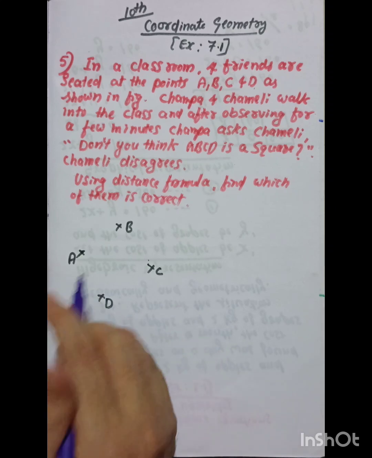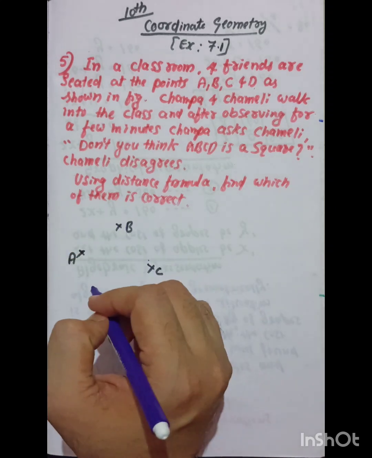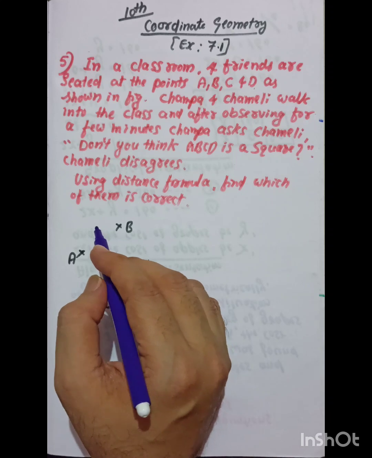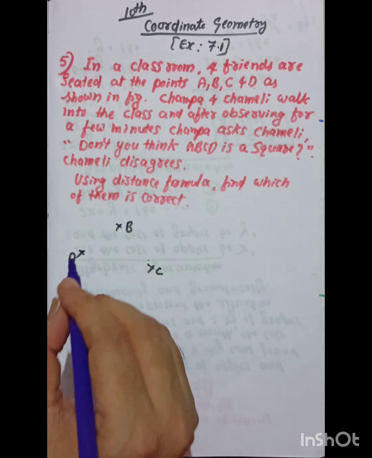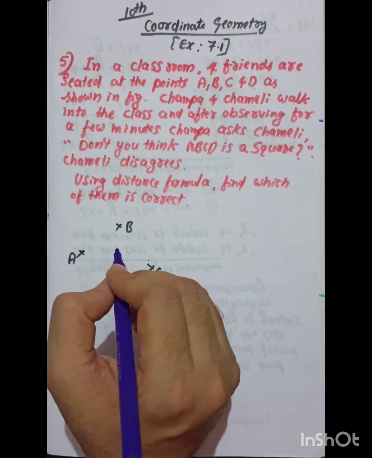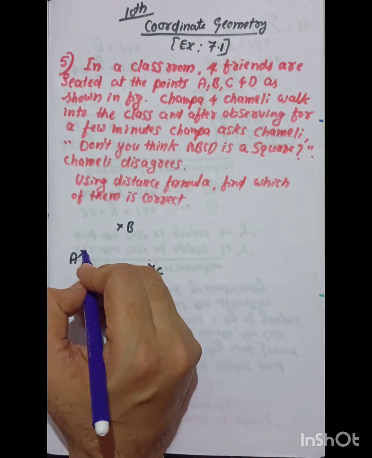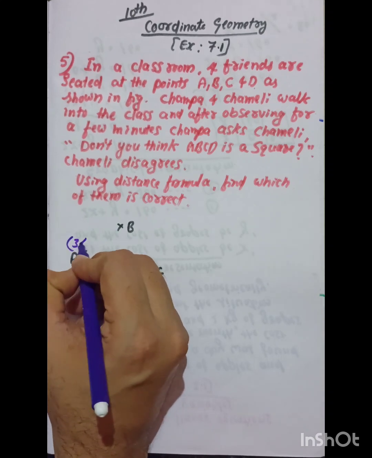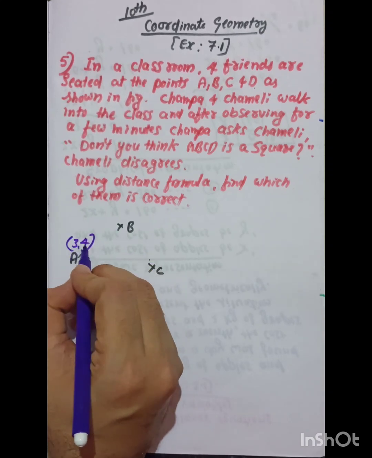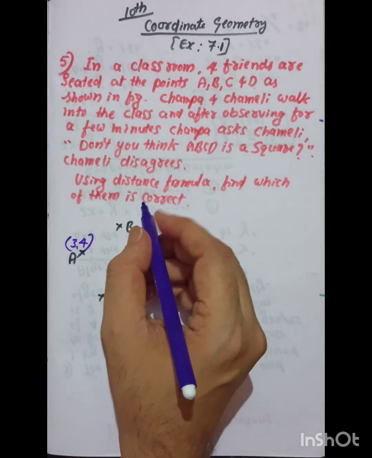So as I said, if you observe the figure in the textbook, you will get the position of ABCD in the graph sheet. If you look carefully, the position of A is 3 and 4, meaning 3 on the x-axis and 4 on the y-axis.